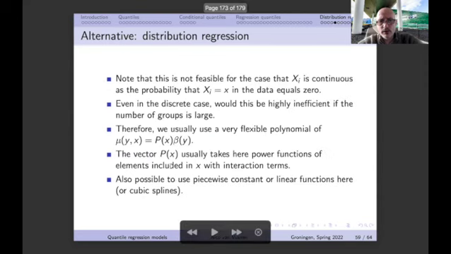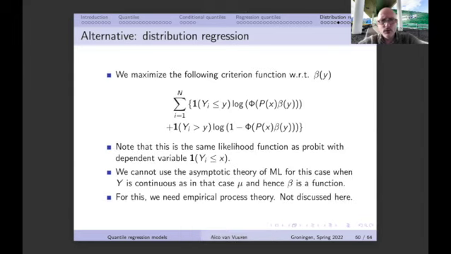We might even want to use machine learning techniques like lasso in order to find the correct specification of this p(x) that we have over here. But whatever we do, what we could do in that particular situation is use essentially nothing else than standard probit. We're going to maximize this criterion function with respect to the beta coefficients that we have over here.